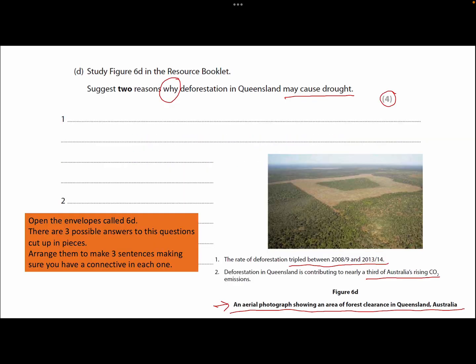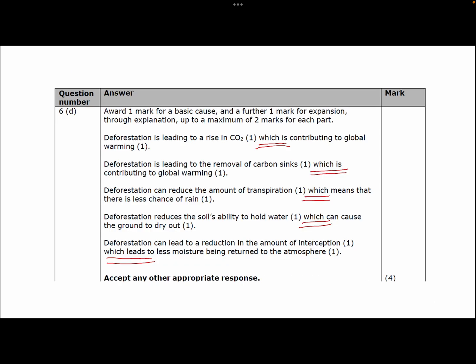So remember, it asks you to state 2 reasons why deforestation in Queensland may cause drought. So for example, let's go with the first answer. Deforestation is leading to a rise in CO2, which is what it says in the figure, and then "which is", so this is a connective, contributing to global warming.